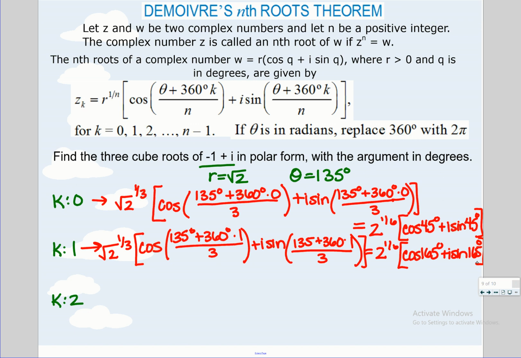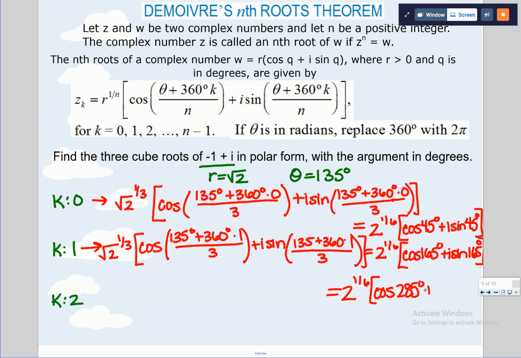Okay, and I'll save you work on the third one. The third one, you end up with an angle when you make K equal to 2 of 285. So my angles, that number out front stayed the same throughout. The angles are the only difference. 45, 165, 285.